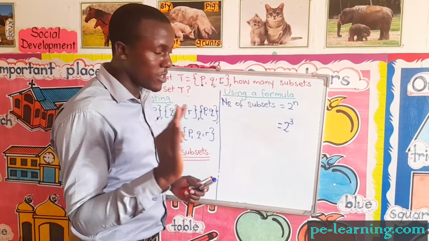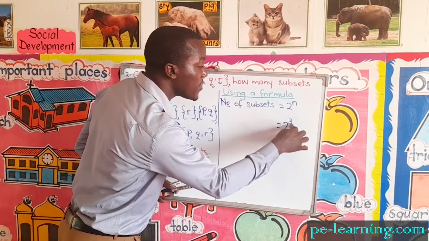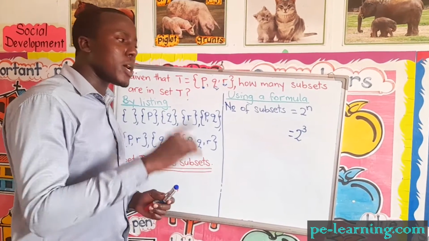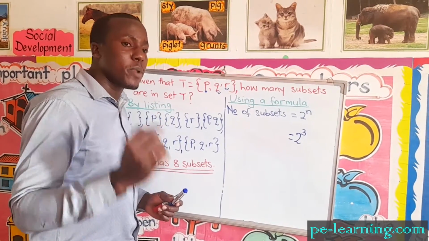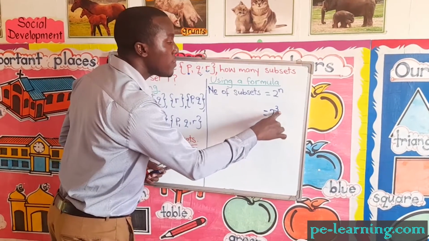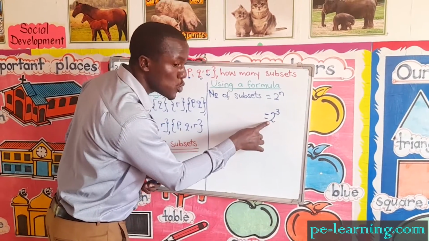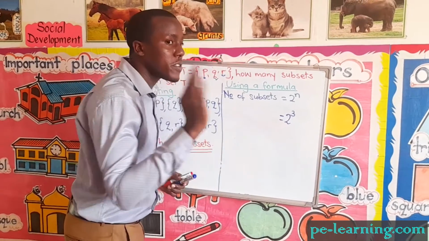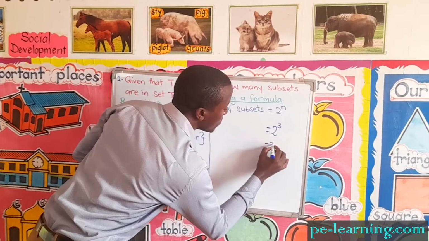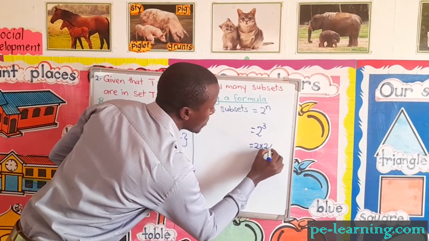Remember I said that the index 3 tells you the number of times the base has been multiplied. If the index is 3, it means the base 2 has been multiplied thrice. So we are going to multiply 2 by 2 by 2.